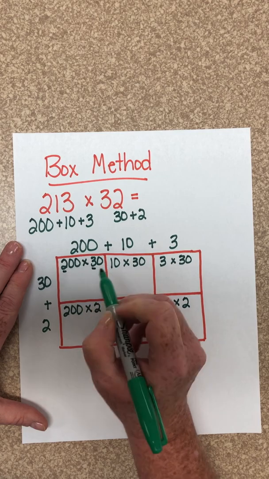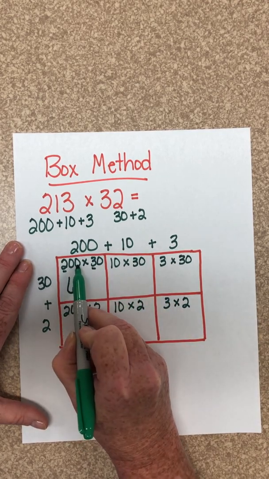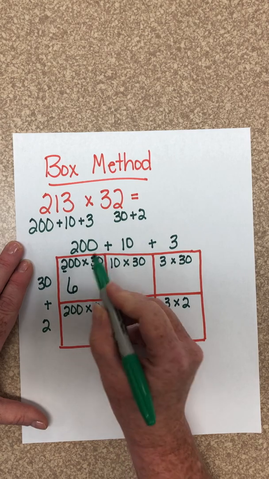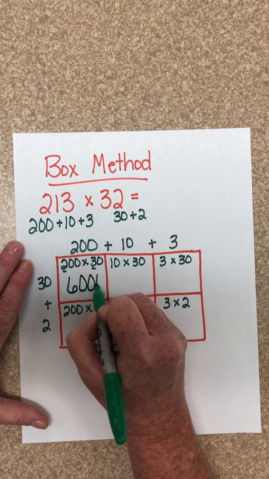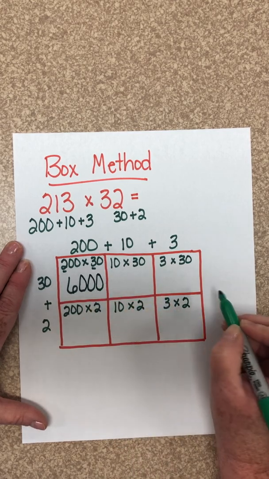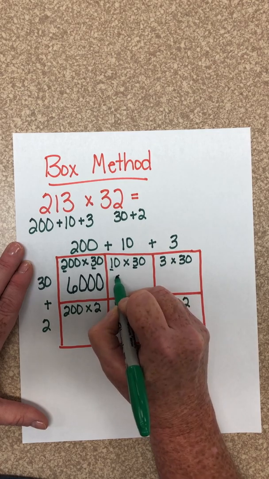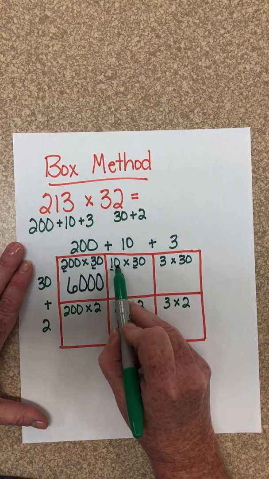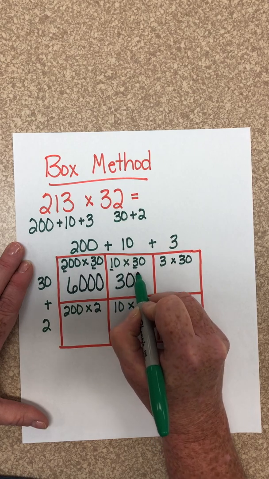2 times 3 is 6. But notice we have 1, 2, 3 zeros. So let's just include those 3 zeros. This is our shortcut for multiplying by tens. 1 times 3 is 3. But notice we have 1, 2 zeros. So we will add them here.